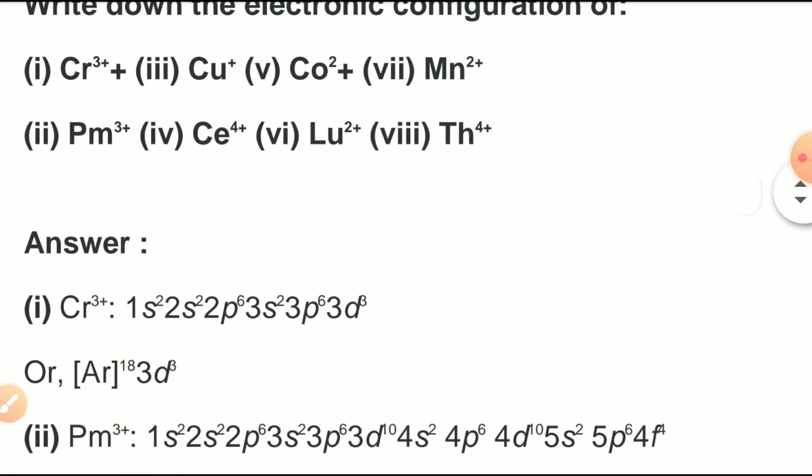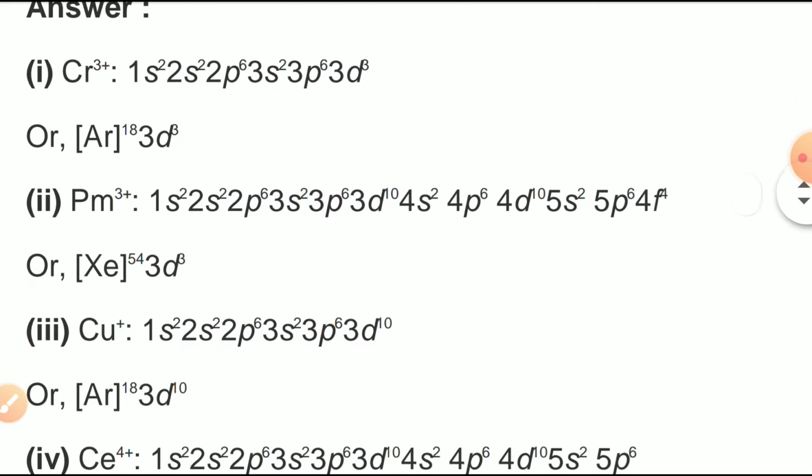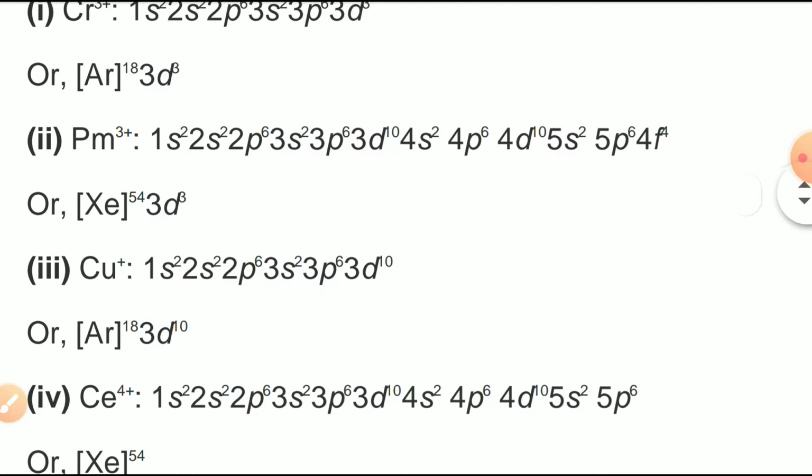Then second, that is promethium. Promethium 3+ is having the xenon electronic core and 4f4 electronic configuration. Then copper, third point, copper+ is argon electronic core 3d10.